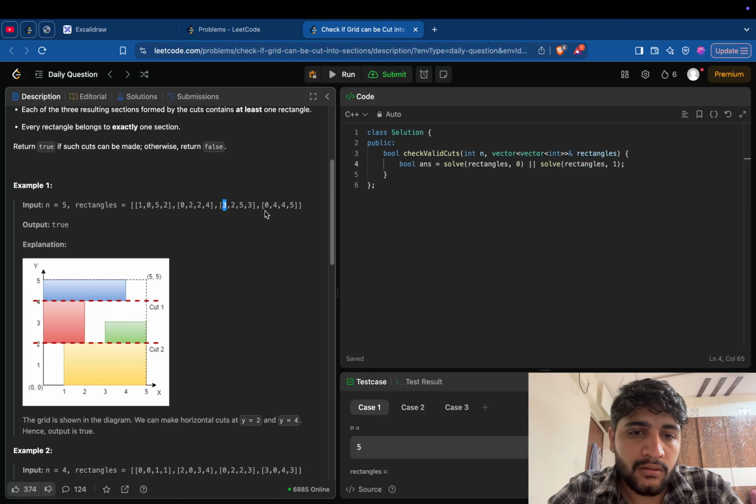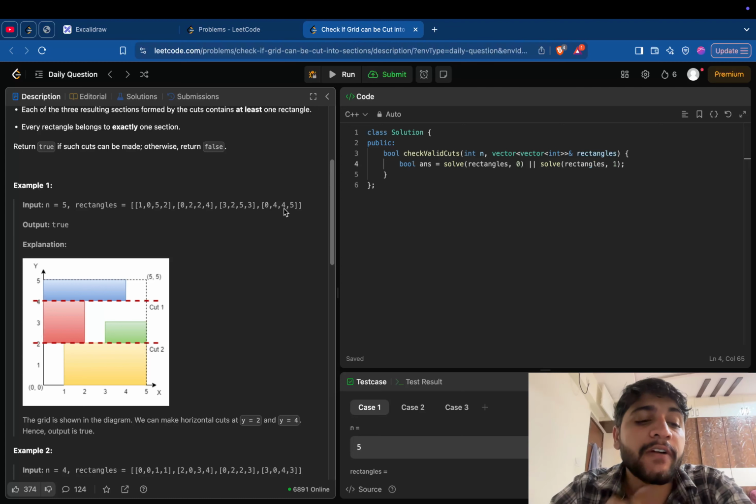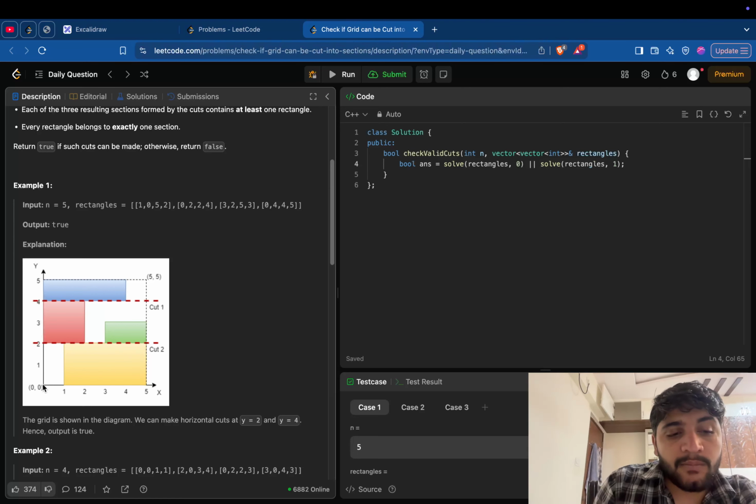Okay, and if it's along the y-axis, then we will sort it on the basis of start, end. When we make the cuts along the y-axis, then what we will consider is the end point.